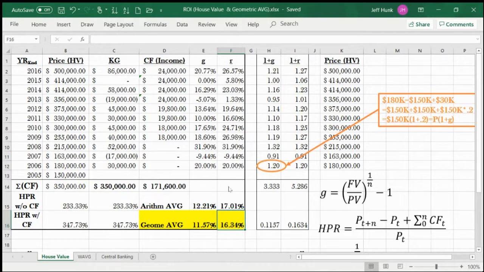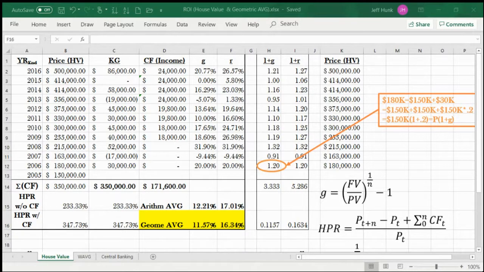But R is the rate of return in scenario two. In other words, in scenario two, there isn't only capital gains, but also incidental income as well. You remember that?